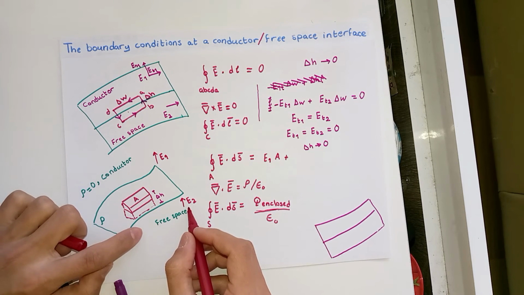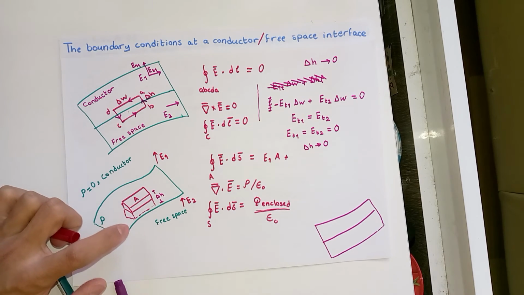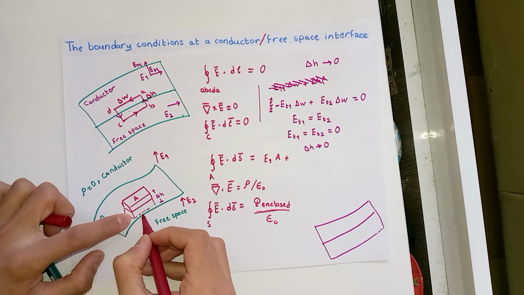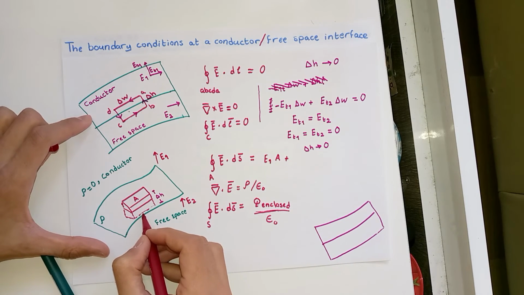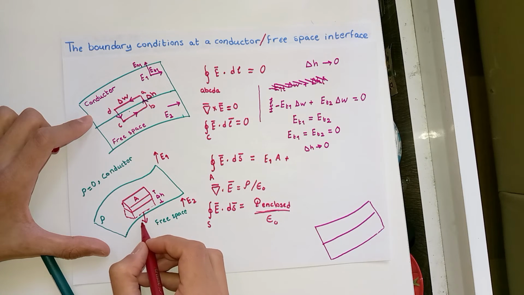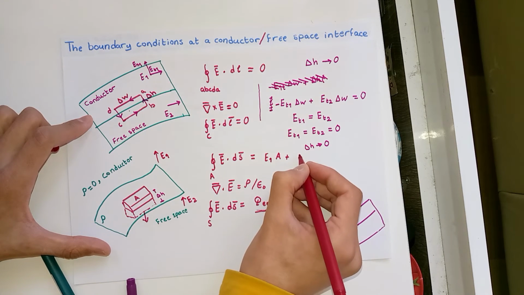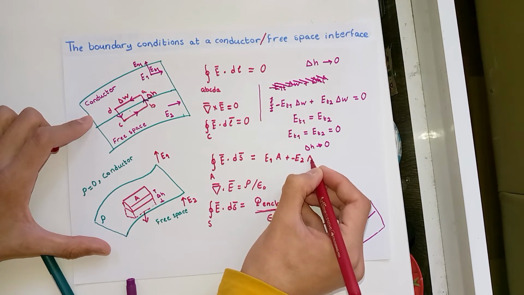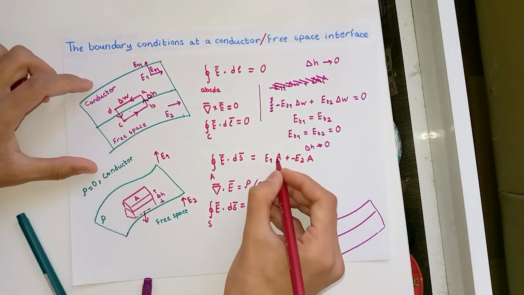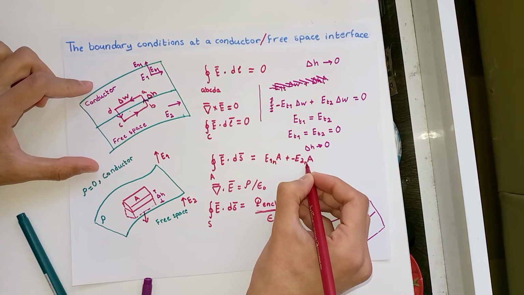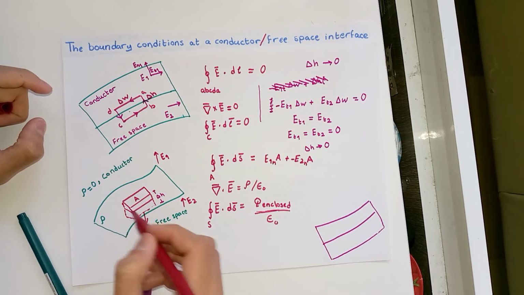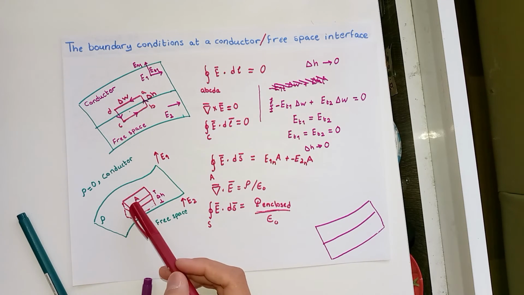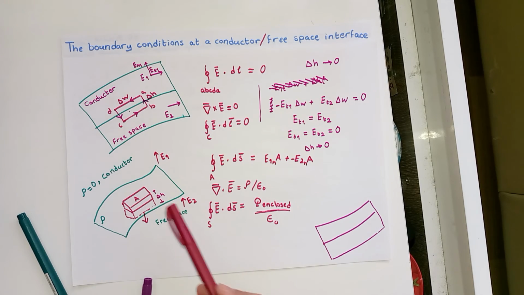Plus, for the other electric field, E2, we're going to take a dot product between E2 and the bottom face of this pillbox, whose area vector is directed downward, and the dot product will end up with minus E2 times A. The components will be normal components, okay? Because tangential components will vanish in this case, because tangential components are perpendicular to the area vectors.